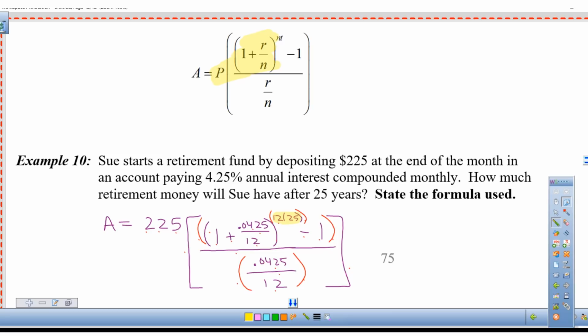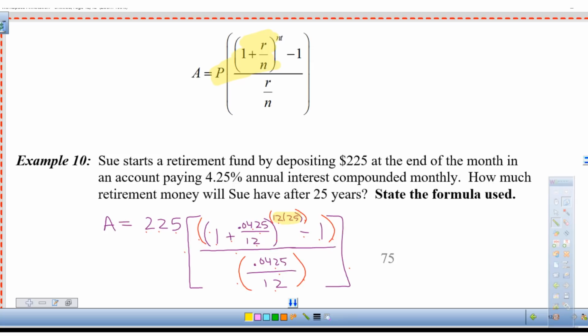Let's do it together. 225. Parenthesis, parenthesis, parenthesis. 1 plus 0.0425 divided by 12, close parenthesis. Raise it to the parenthesis, 12 times 25, close parenthesis, minus 1, close parenthesis.